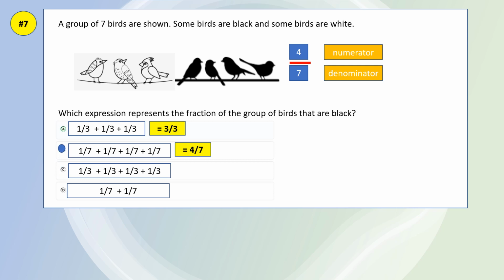Now notice how we wrote notes before we even started looking at answer choices. I made sure to figure out what fraction I was looking for before I even looked at my answer choices. Make sure that that's what you're doing. That's why I say as soon as you start reading the question, you need to draw out or write out some notes that represent the word problem.